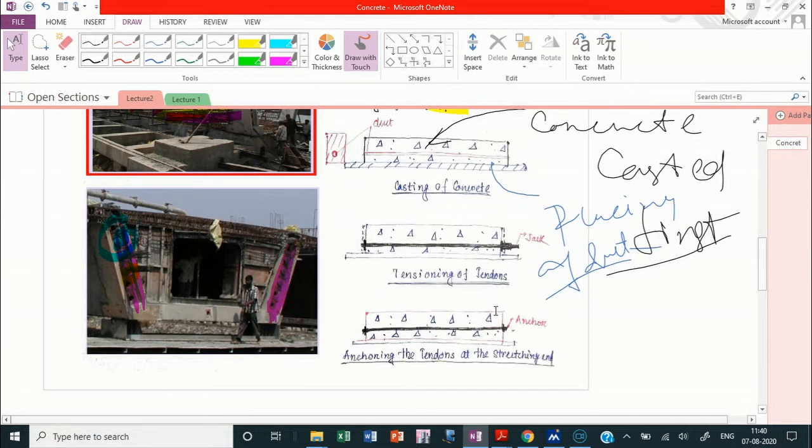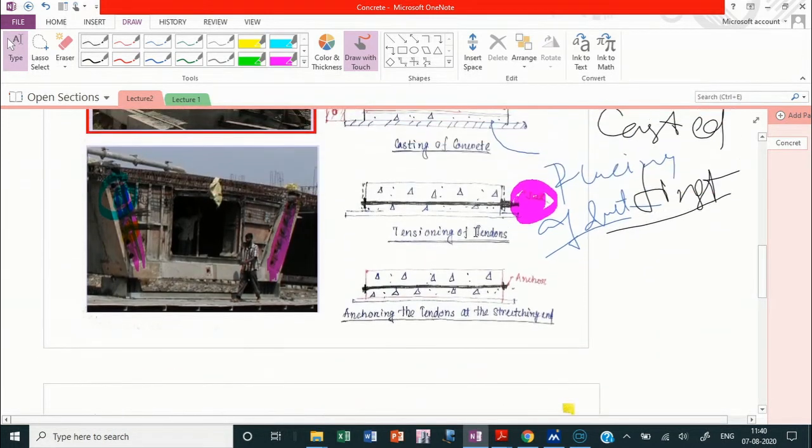What you have to do is provide the anchorages at one side, and at the other side you have to provide a proper jack, so that you could tension, you could stress the tendons through the member, and it will provide the stressing to the member.